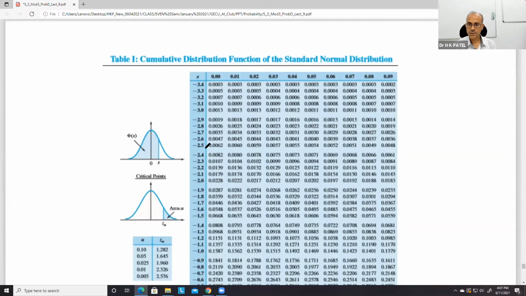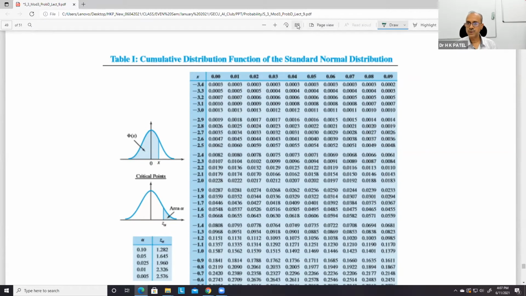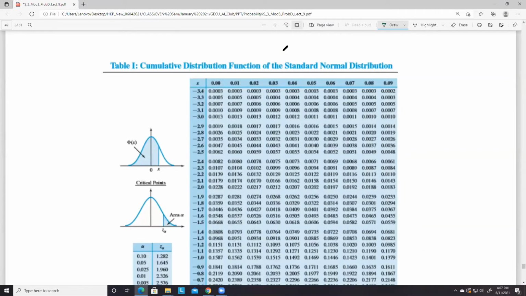So this value, let me increase from minus 1.5. Sorry, 1.5. We want 1.5.